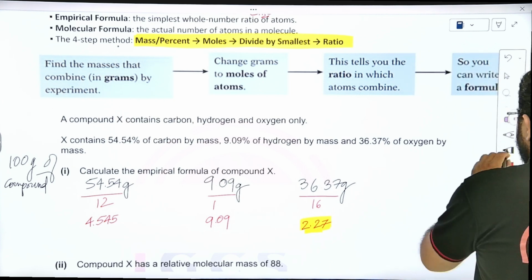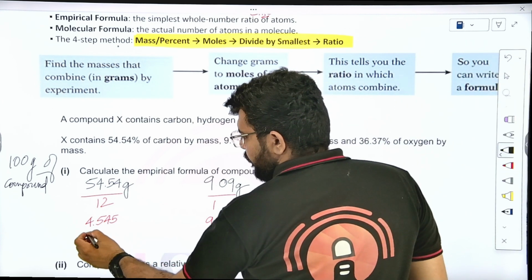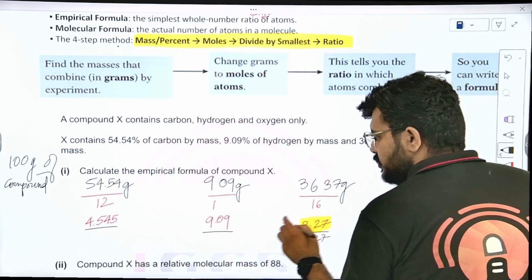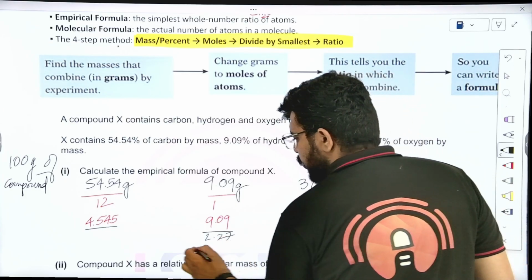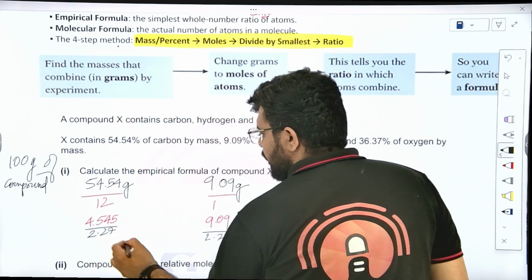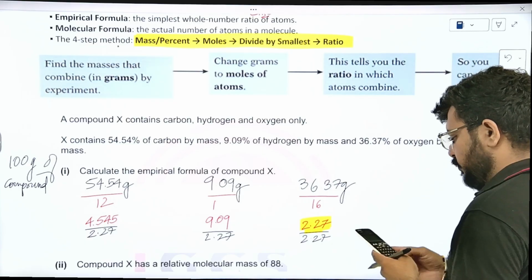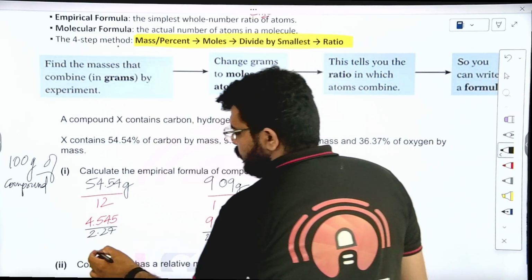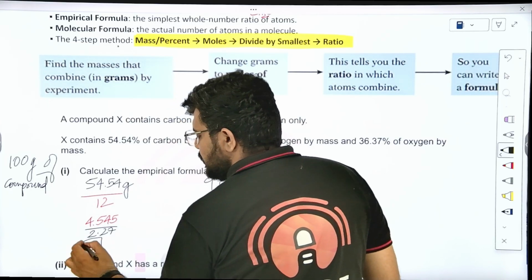So what I'll do, because I want a ratio, I will divide everything by this smallest mole number I have. So 4.545 divided by 2.27 gives me 2.002. So I will take that as 2.